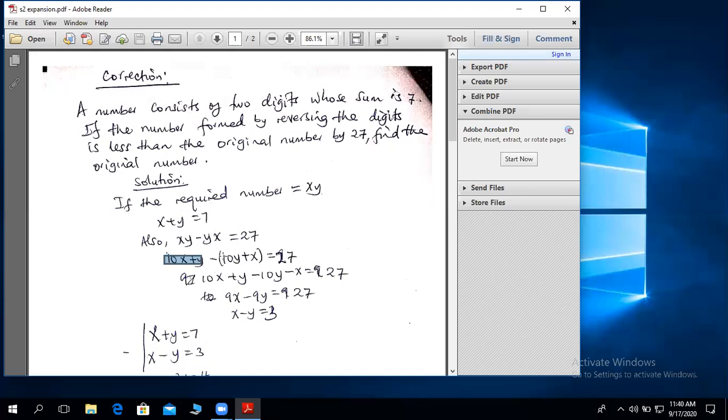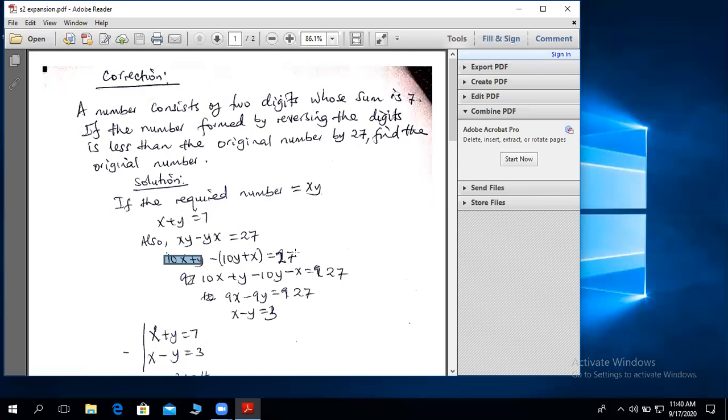So when you get two numbers like this, always put them in bracket. Because if you don't put them in bracket, you are only going to consider the minus only for 10y, which is wrong. Because this negative sign is supposed to affect the positive sign of x. So don't miss the point there.